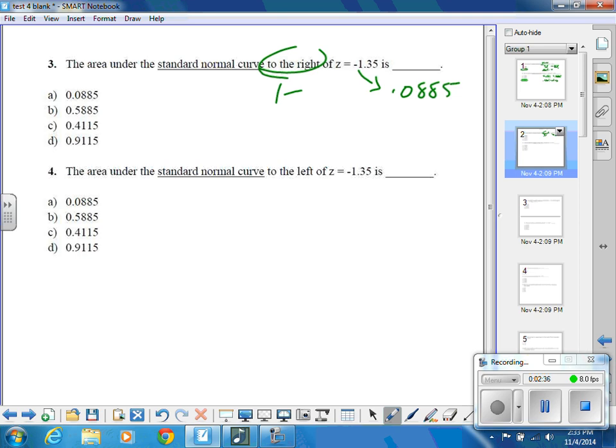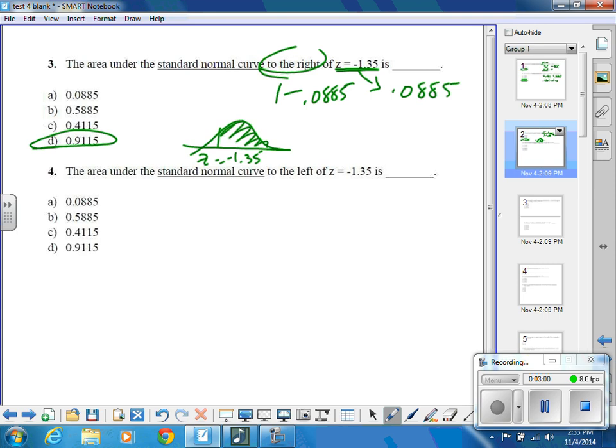To do this problem correctly, I do 1 minus 0.0885. That's what to the right actually means. If here's my curve, this is the z-score of negative 1.35, because the negatives are to the left. To the right means all that. So it's going to be a pretty big number, and in this case, it's D, okay?